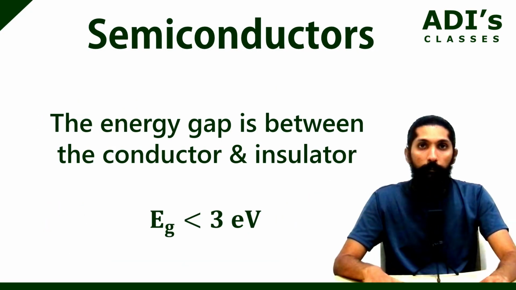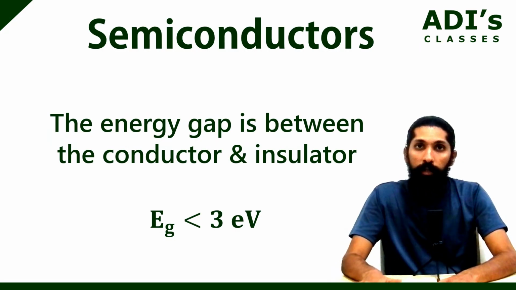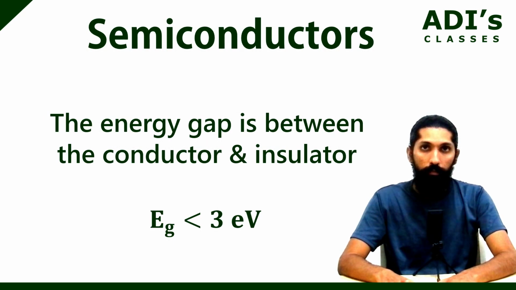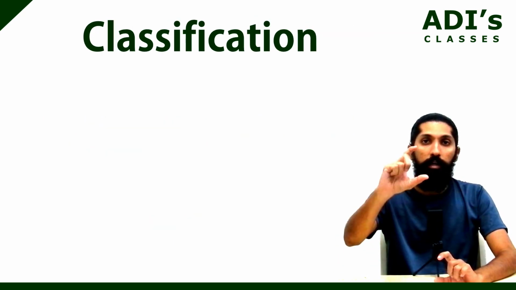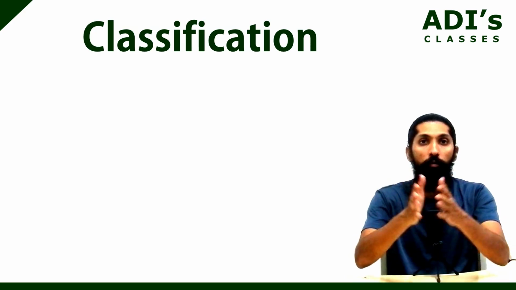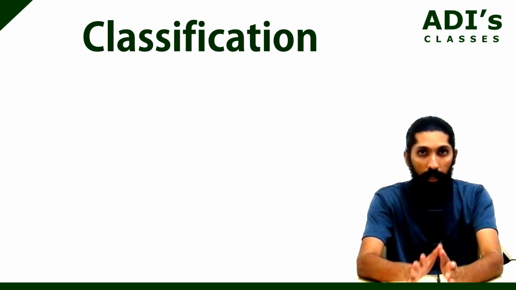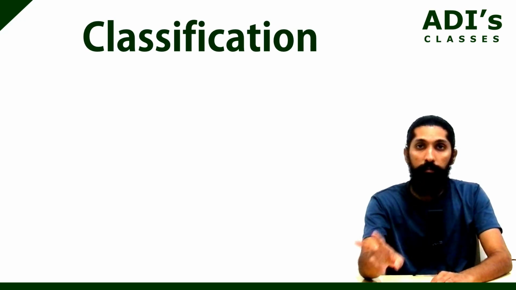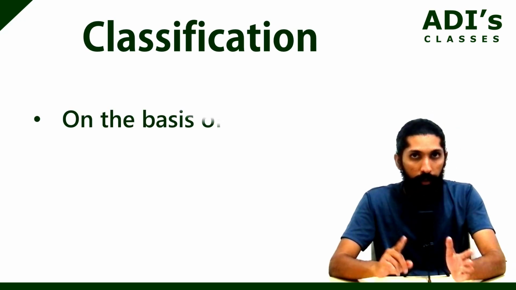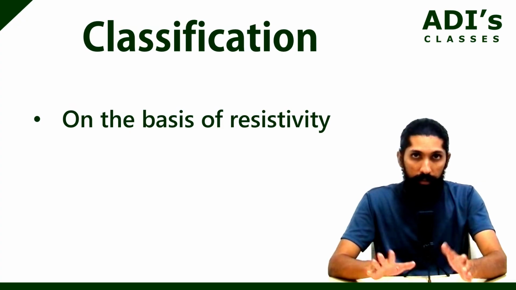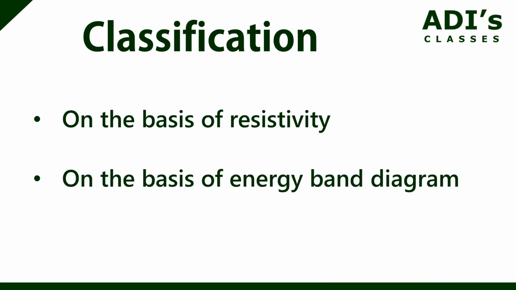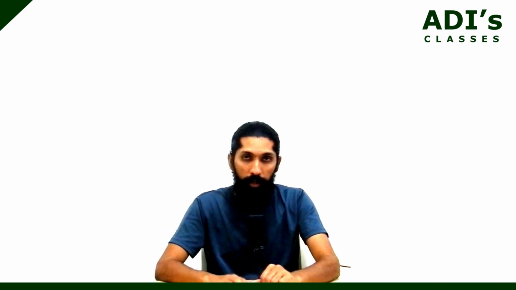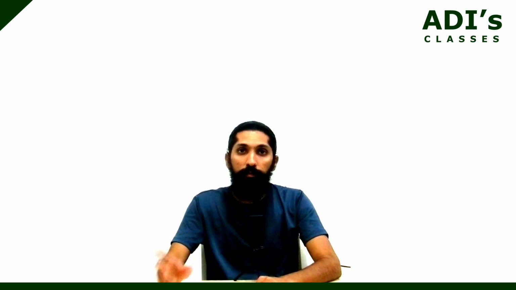This is how we define a semiconductor with the help of an energy level diagram, based on the valence band, the conduction band and the energy gap, how far or how close they are. So there are two ways of defining a semiconductor: one with respect to resistivity, and the second with respect to the energy band diagram. Now that you know we can define a semiconductor in two ways, in the next one we'll see types of semiconductors.